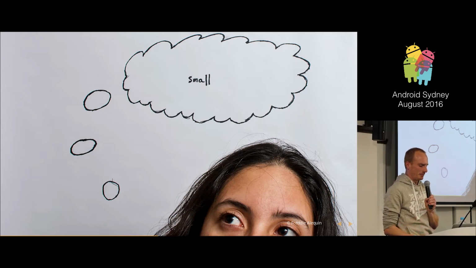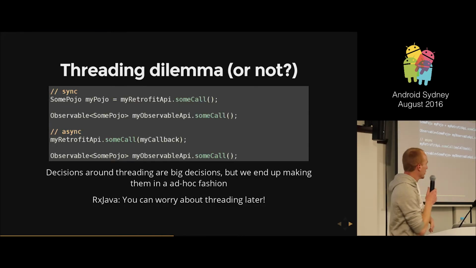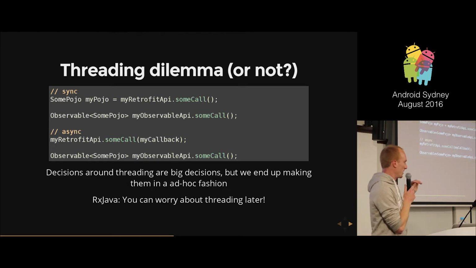some aspects here. So if we look closer at the examples, you can see here the method signatures of Retrofit and of RxJava. And the most important thing is that it's not shorter or longer, but that for RxJava, the method signature is the same for synchronous and asynchronous programming. They both return observables.